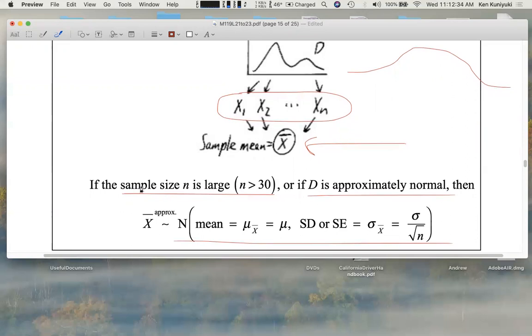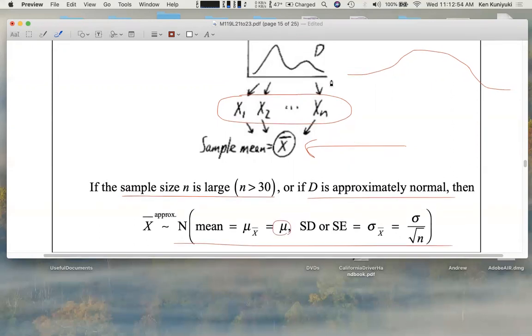According to the CLT, under one or both conditions, X bar has as its distribution, approximately, a normal distribution with this mean and this standard deviation, or standard error. The mean, mu sub X bar, is simply mu, the mean of the Big Daddy distribution D. The standard error, or the standard deviation of the X bar distribution, the standard error of the mean, is given not by sigma, not the standard dev of the Big Daddy distribution, but sigma over root n.